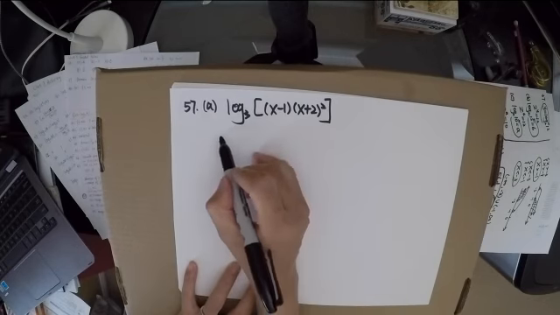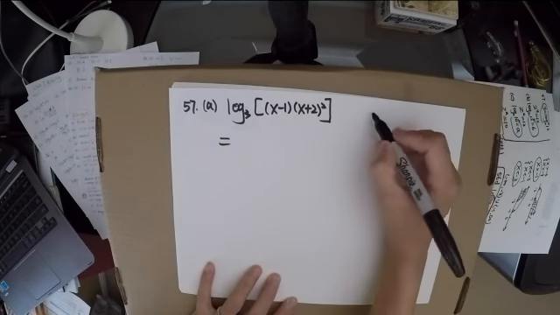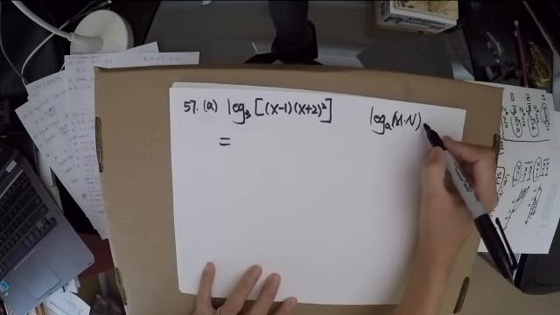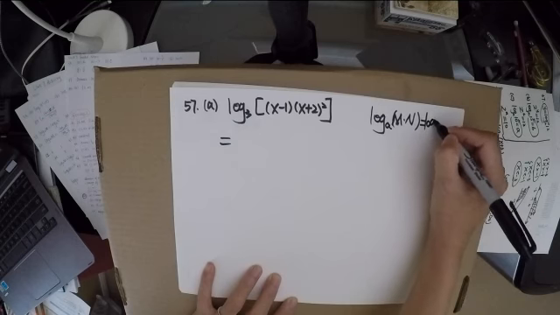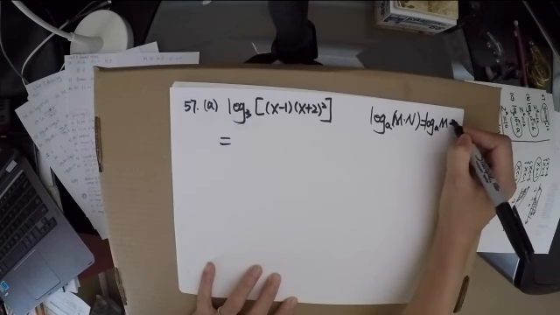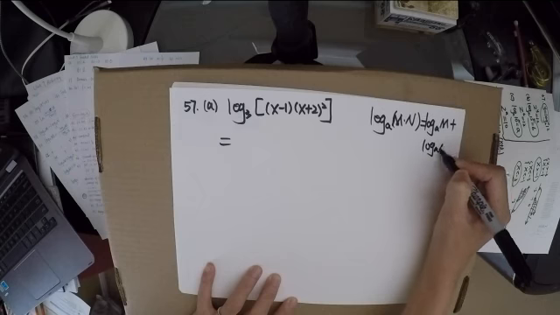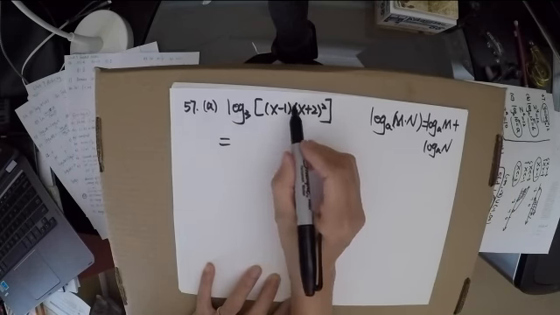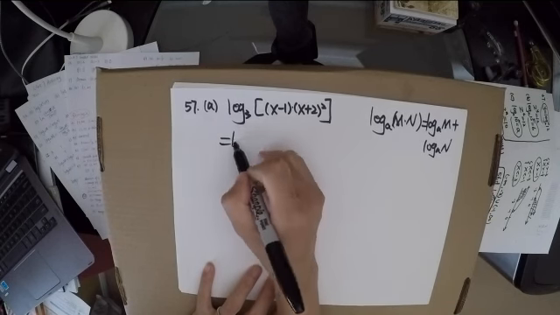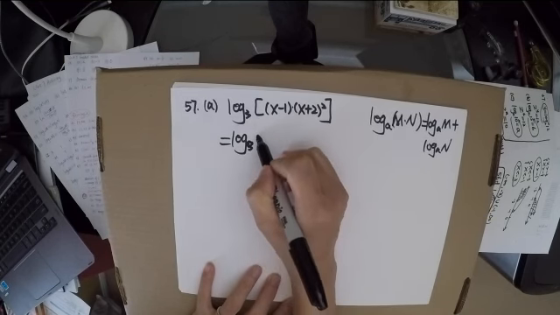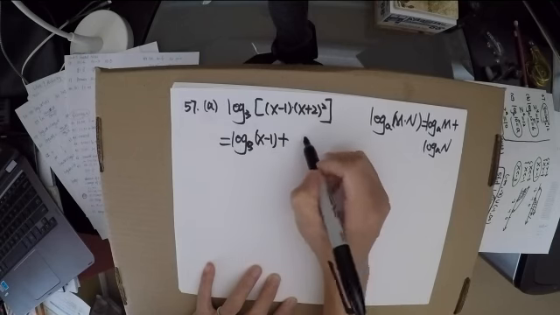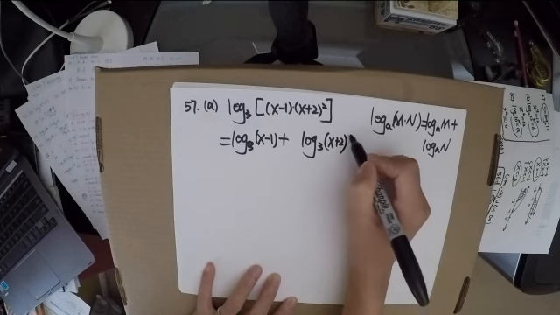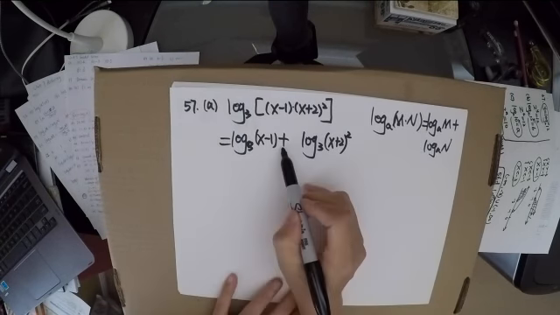Okay, so the formula we can use is log a of m times n. If they are multiplied, you can separate and write as addition. Now we have x minus 1 times this. So here is a multiplication. So you could rewrite as log base 3 of x minus 1 plus log base 3 of x plus 2 squared. So you separate them into addition.